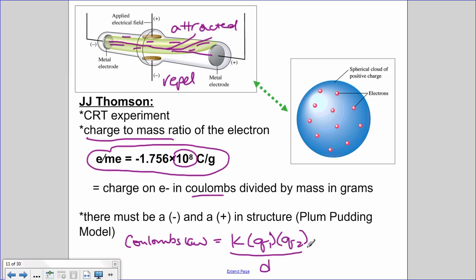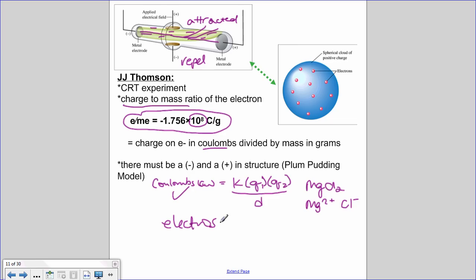So for example, if we're talking about magnesium chloride, magnesium has a 2+ charge and chlorine has a 1- charge. This would be 2+ times 1-, giving us 2-, divided by the distance that is between them. It just gives us kind of the strength of attraction between two particles. This is something we're going to use a lot. Another term for this, instead of Coulomb's law, is electrostatic attraction.